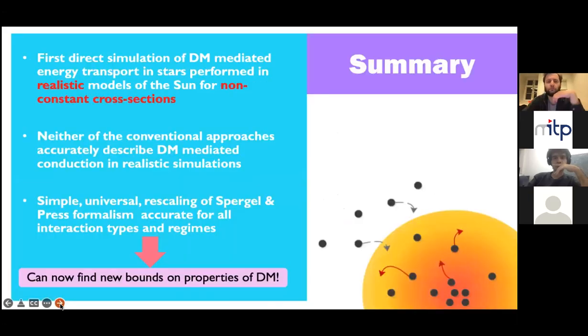So with this formulation, it's now going to be possible for the very first time to accurately include velocity and momentum dependent dark matter energy transport into evolutionary solar simulations and obtain predictions for our helioseismological observables and neutrino fluxes.